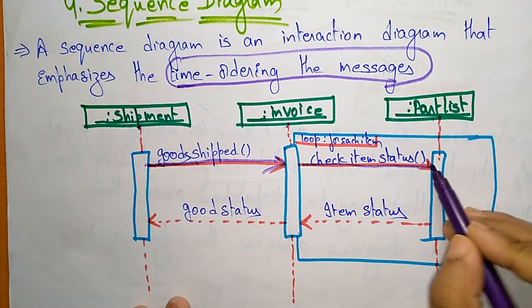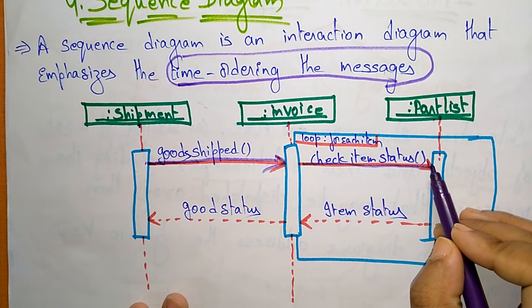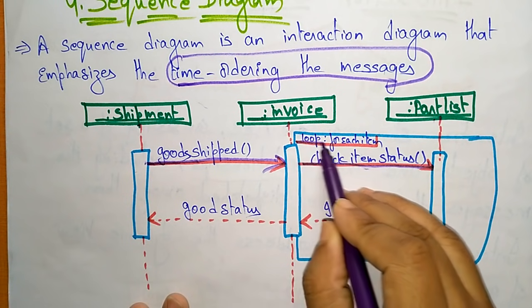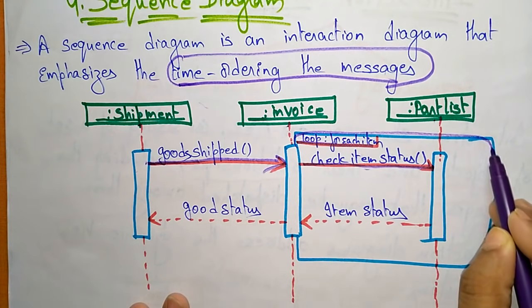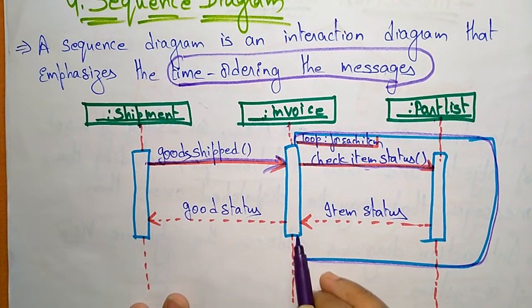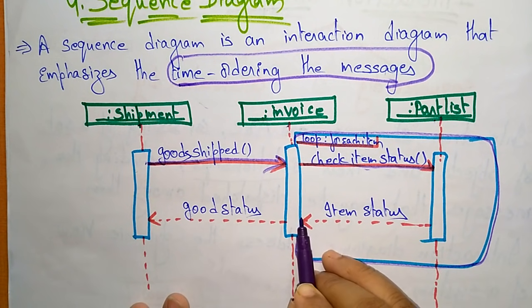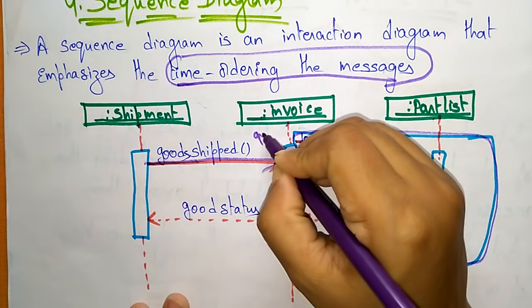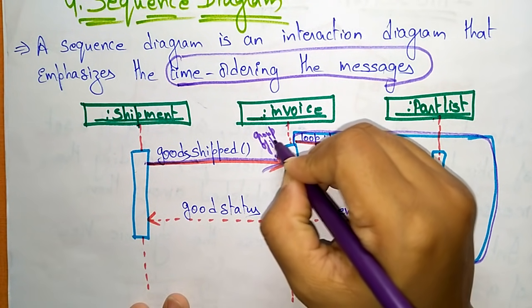Suppose the item status that is sent is not the correct shipment. Then the loop will continue. In the invoice, let us take a group of items that has to be dispatched.